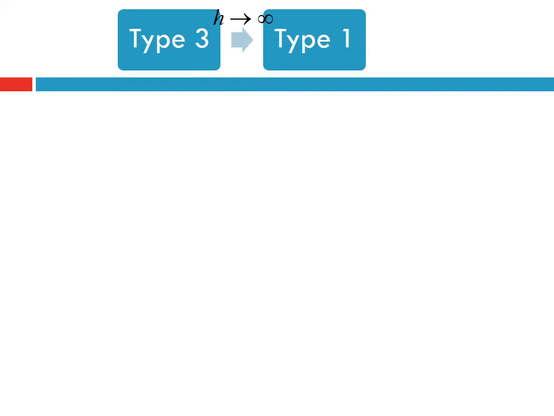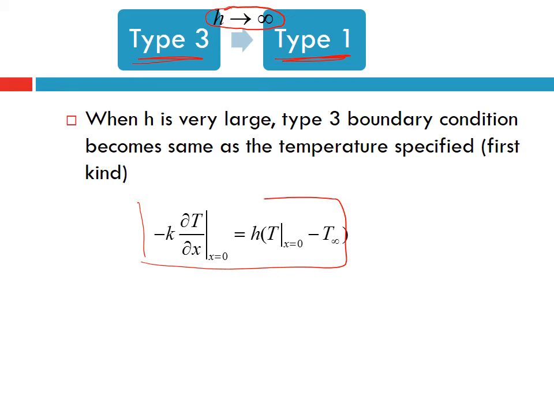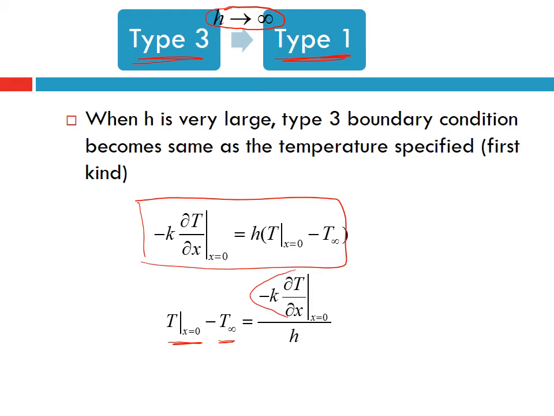Now in the special case of h being very large, the type 3 boundary condition becomes the same as the type 1 boundary condition. Let's look at it now, and we're going to keep coming back to this at other times. The type 3 boundary condition looks this way, right? This is what we just wrote. If I rewrite that, T at x equal to 0 minus T infinity is equal to minus k dT/dx at x equal to 0, divided by h.